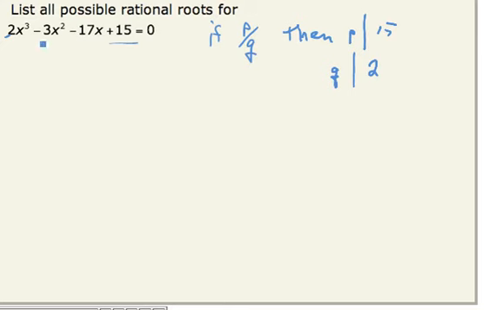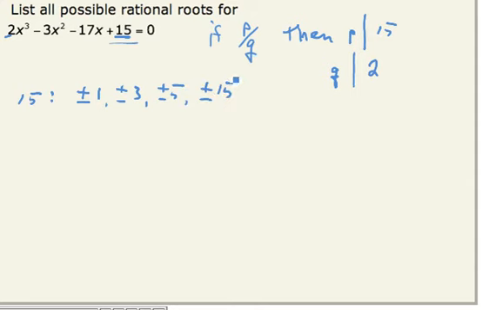So to list the possible rational roots, we're going to list all divisors of 15 divided by all possible divisors of 2. Well, the divisors of 15 are plus or minus 1, plus or minus 3, plus or minus 5, and plus or minus 15.